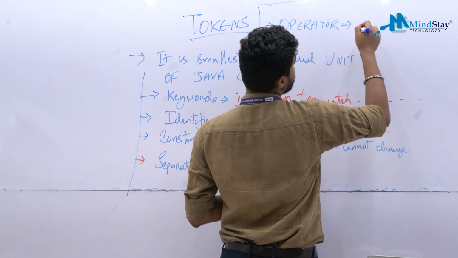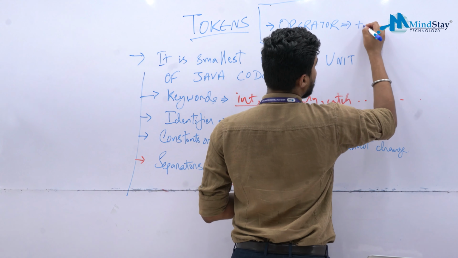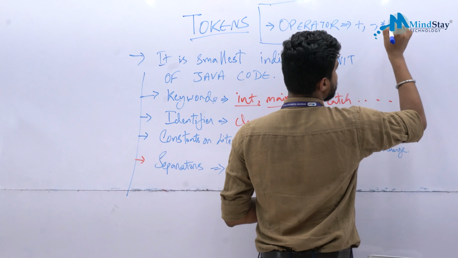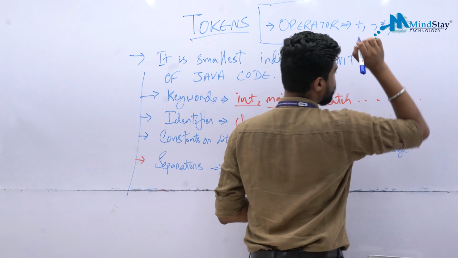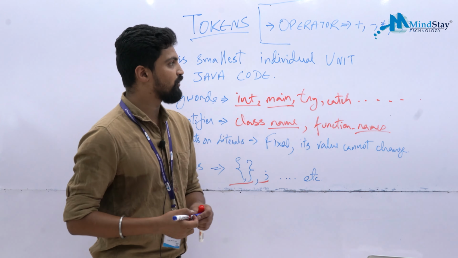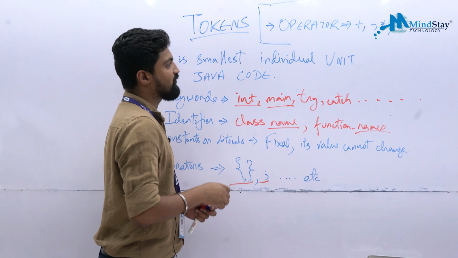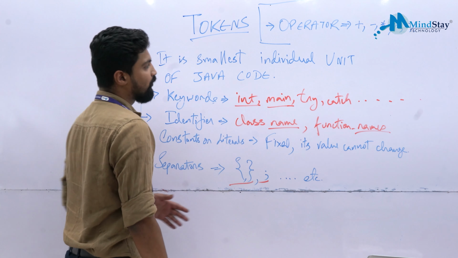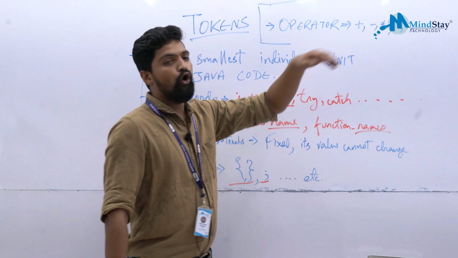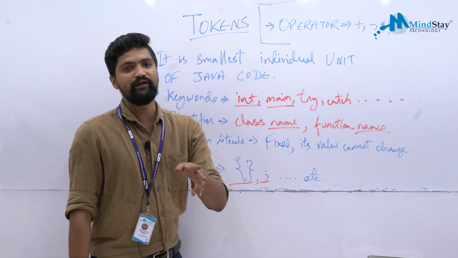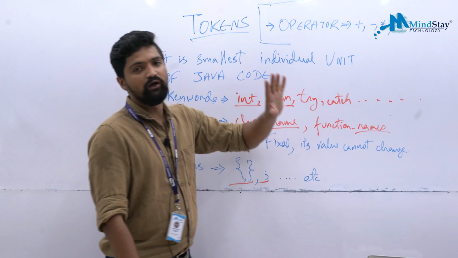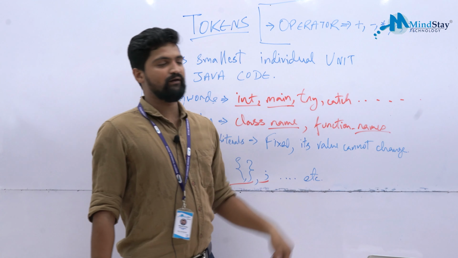It is plus, minus, multiplication, division and modulus. We'll talk about what modulus is later when we go to the operator section. An operator helps to operate on two variables and give a result. Addition, subtraction, multiplication. We'll go into detail on everything.